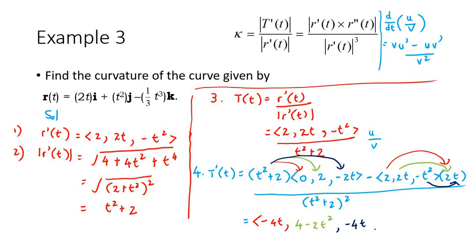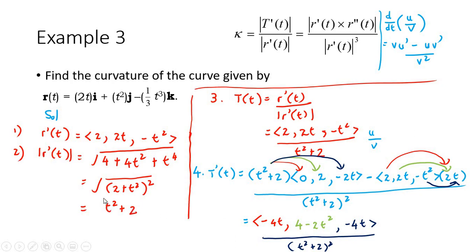So just left negative 4t divided by t squared plus 2 power 2. Okay, component k, we did again: negative 2t times 2, so negative 4t. Negative 2t times t squared, negative 2t cubed, and then the negatives become plus 2t cubed. So just left negative 4t at component k. Then you put in number 4 divided by number 2.